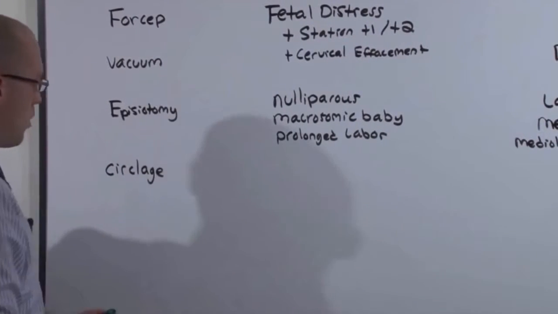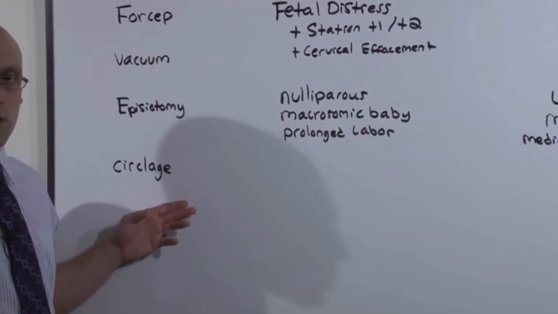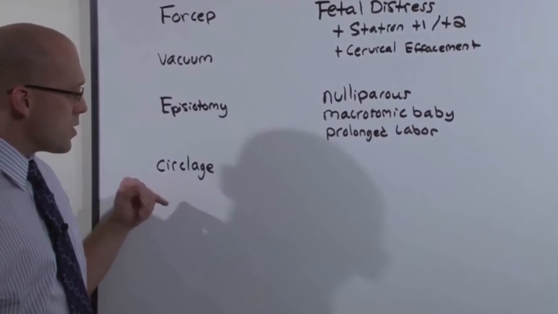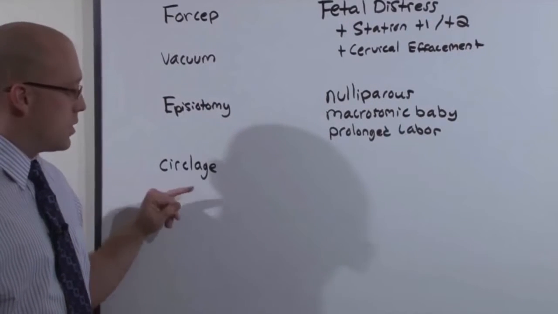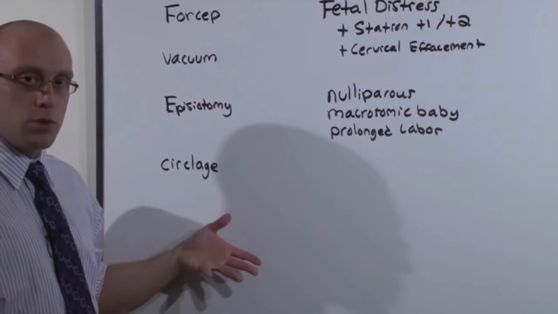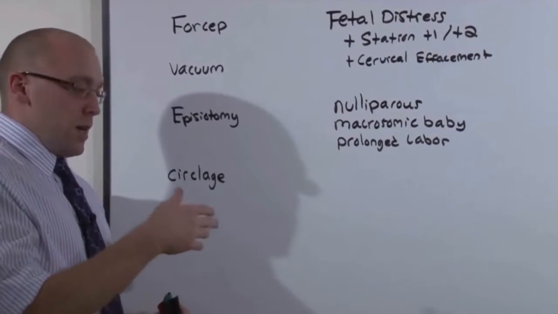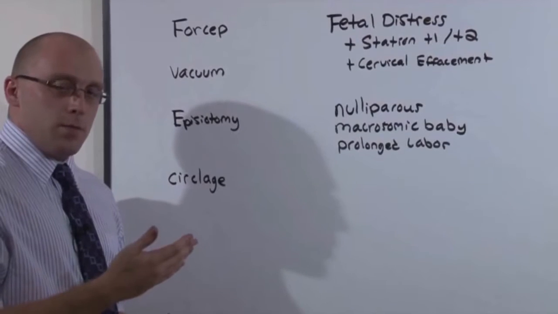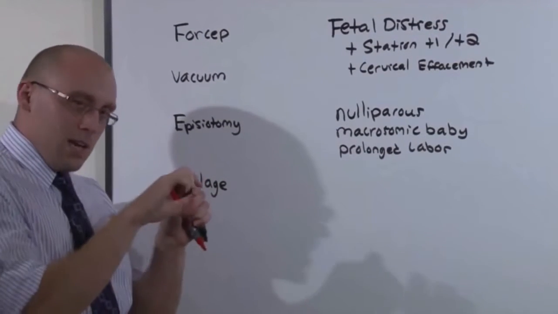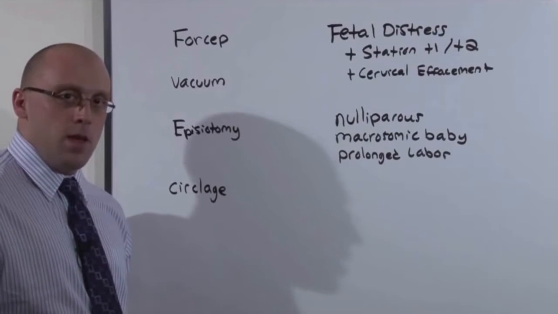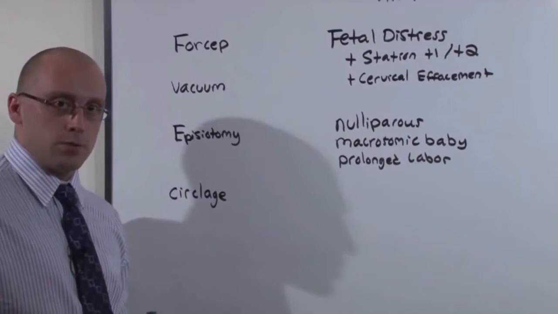So if mom has an incompetent cervix, say she had a cone biopsy for a cervical lesion, and she's had multiple first trimester losses, that is, the cervix releases baby too soon, you can actually go in sometime in the first trimester, and apply a purse string suture. You would basically tighten up the cervical opening. And then, when mom is ready to deliver, simply go in and cut those sutures.